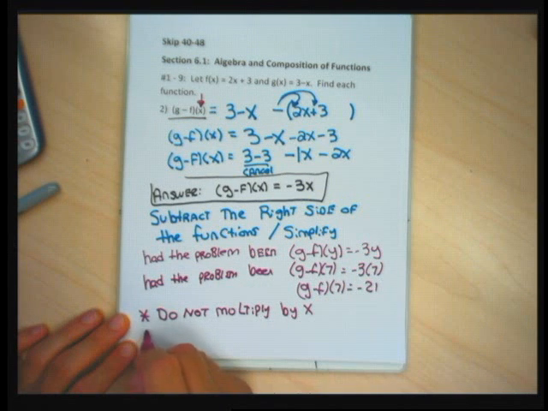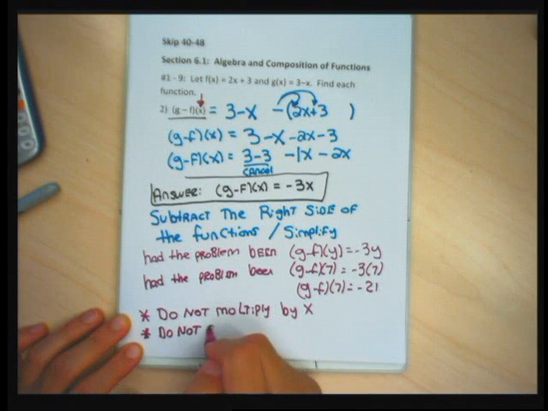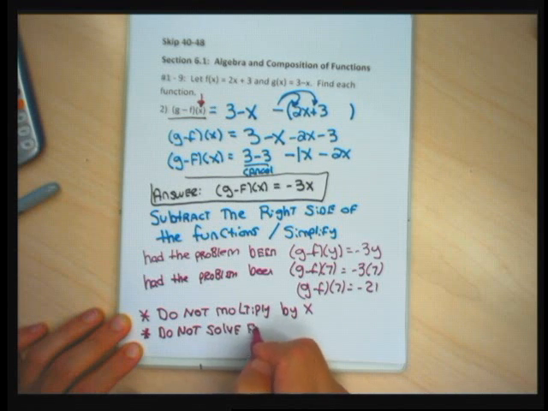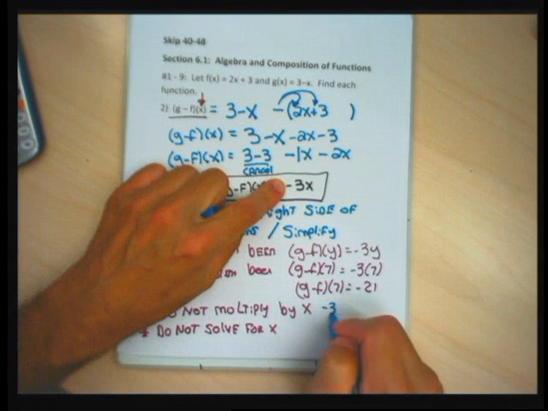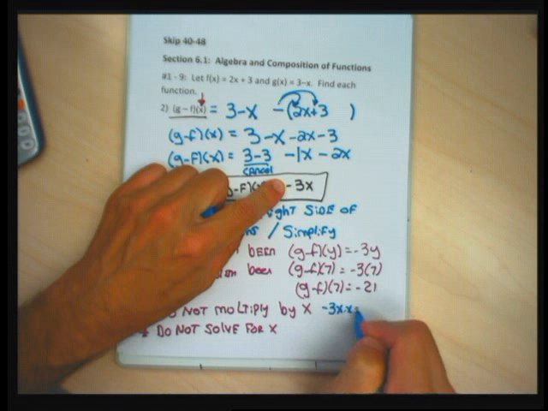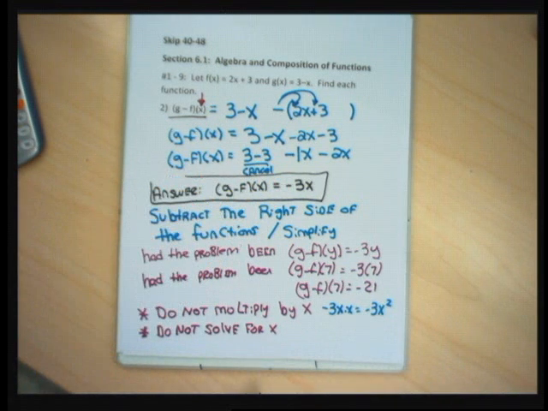The second thing students do is they take the problem and set it equal to 0 and solve for x. So the bad things are multiplying by x, if you took the answer minus 3x times x and wrote negative 3x squared because you thought this meant to multiply by x, that's wrong.